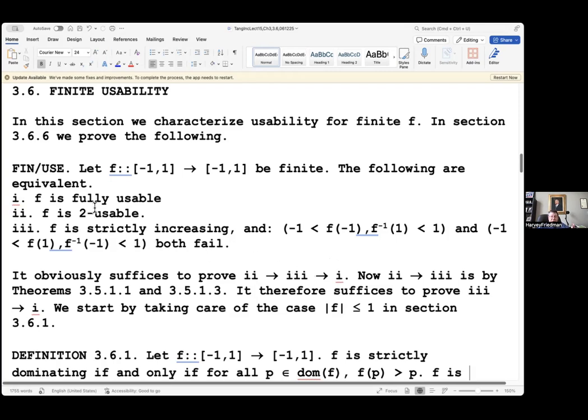Now, 2 implies 3 is by those theorems about necessary conditions for usability, the necessary conditions that we did earlier. And therefore, it suffices to prove that 3 implies 1. So the only thing missing is that 3 implies 1.